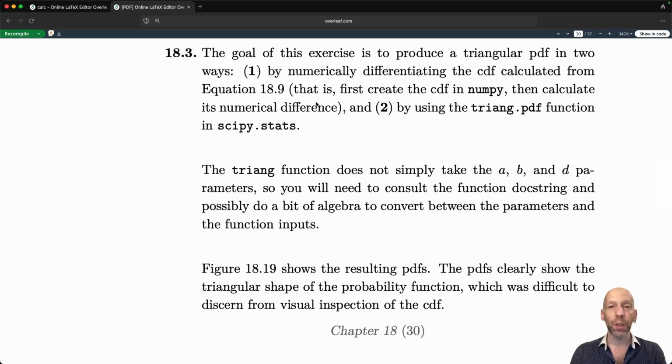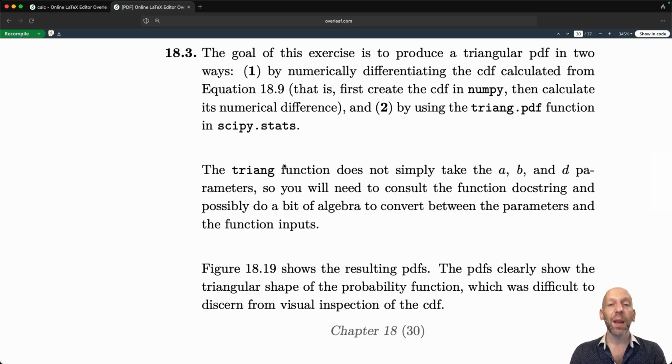The second approach to creating a PDF for the triangular distribution is to use the triang.pdf method, which is in the scipy.stats library. Now, this initially seems like it would be easy and straightforward. It does require less coding, but it's unfortunately not quite so straightforward to use.